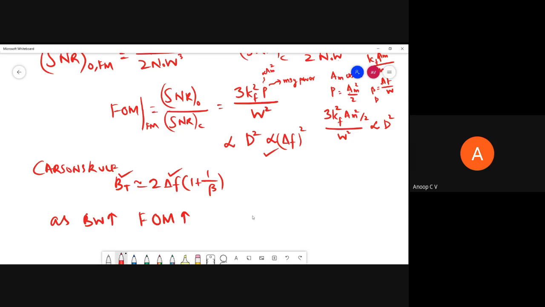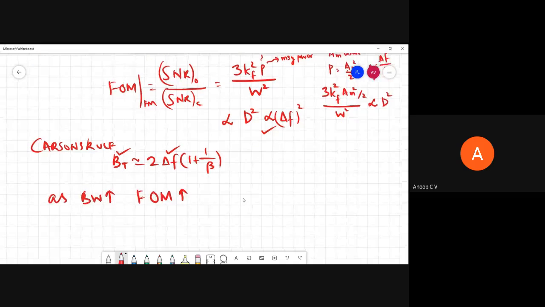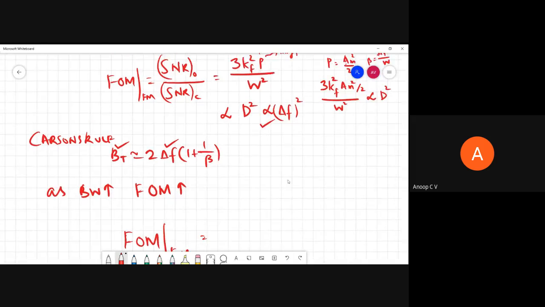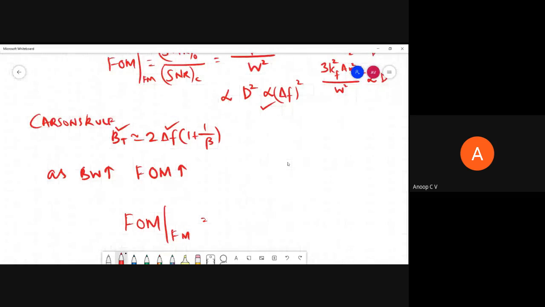So I'll just conclude. What is the figure of merit of FM? The figure of merit of FM is equal to 3 kf square p divided by w square.